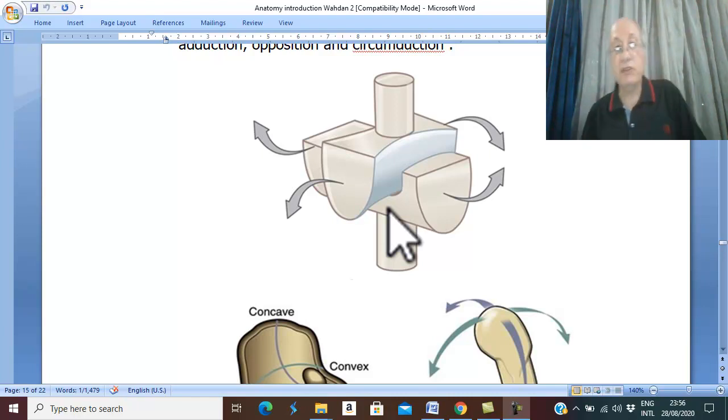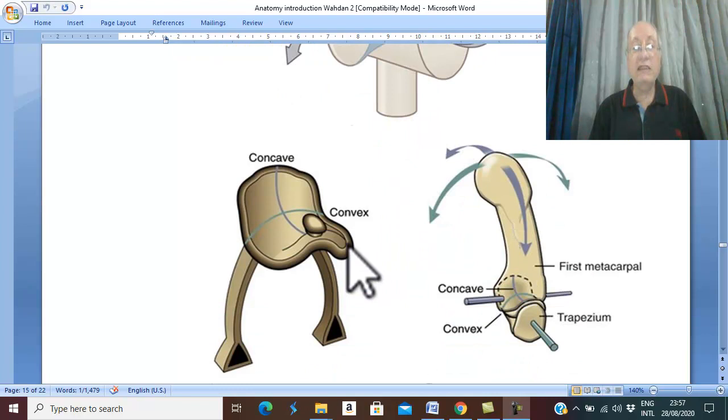If you're riding a horse, please palpate yourself. You will find your area in contact with the saddle is concave from side to side and convex from anteroposterior, while the saddle is concave from anterior to posterior and convex from side to side.